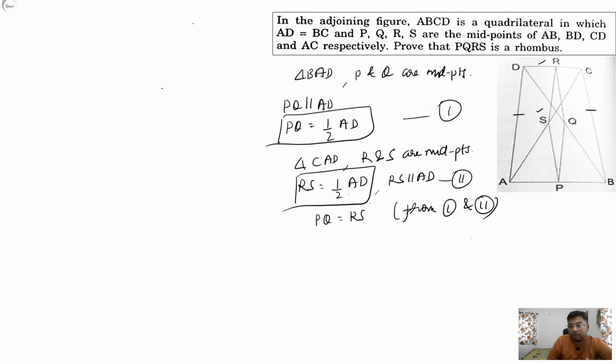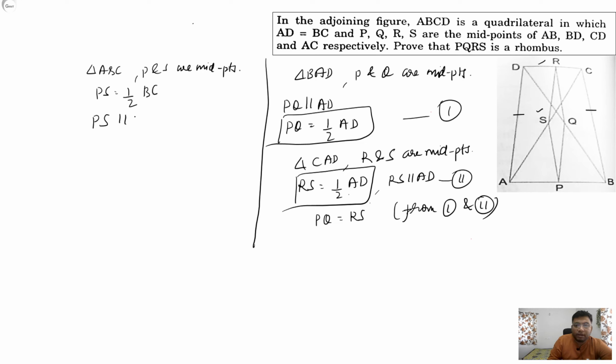Let's move further. So I have triangle ABC where you can see P and S are the midpoints of AC and AB. So I can say that PS is half of BC and PS is parallel to BC.